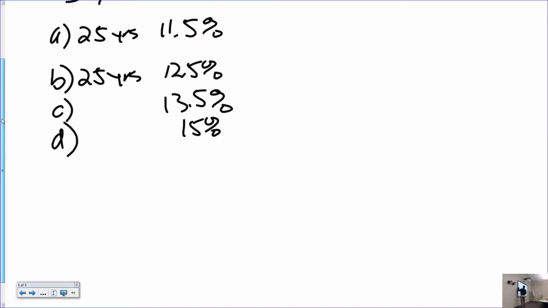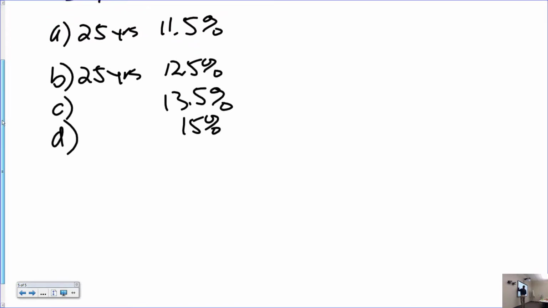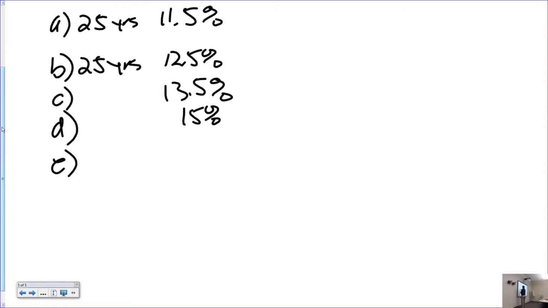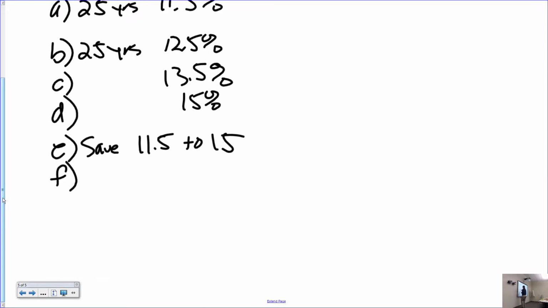What is the total cost of interest over the life of the loan for each assumption? E, what is the savings in interest cost between 11.5 and 15? F, if Harriet uses 30 years instead of 25 for both 11.5 and 15, what is the difference in interest? So this is easy.